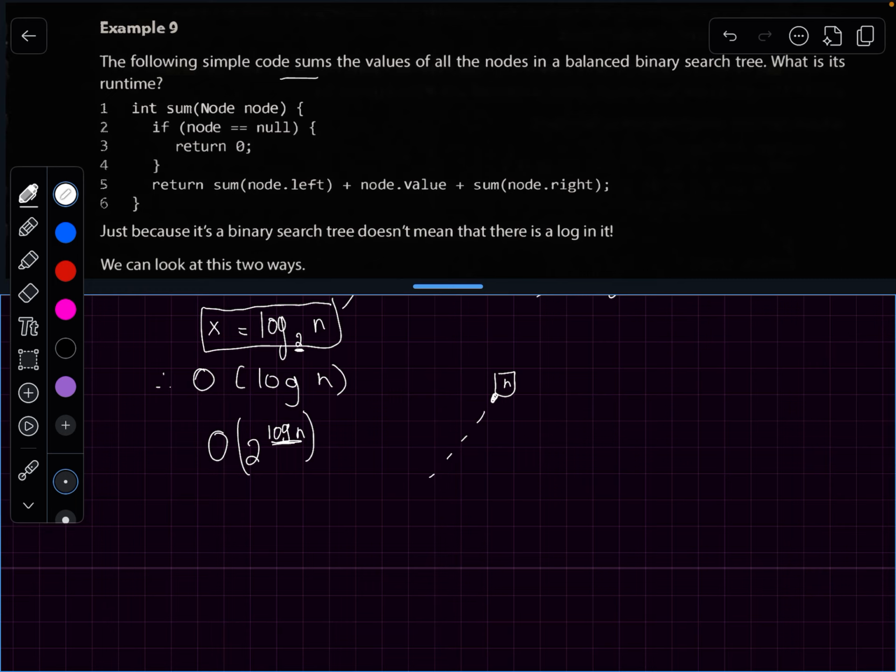Okay, now the question is, how do we show that this is actually equal to O of n, which we know is the runtime just by reading the code, but using this formula that she gave us of branches to the power of the depth, right?